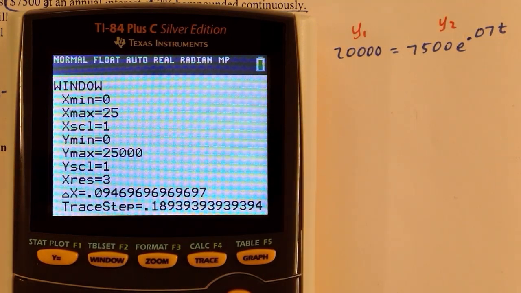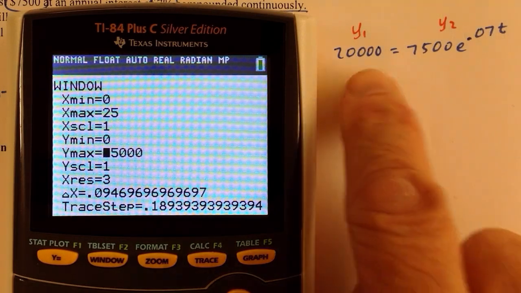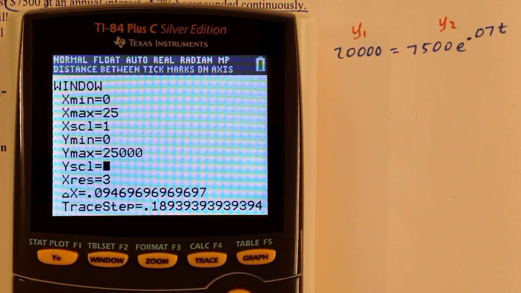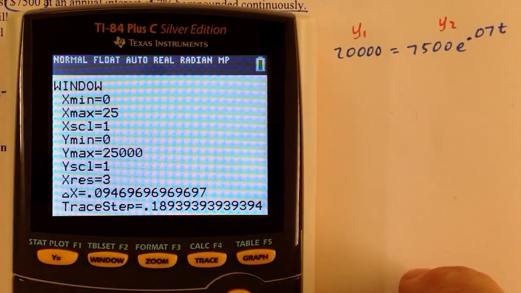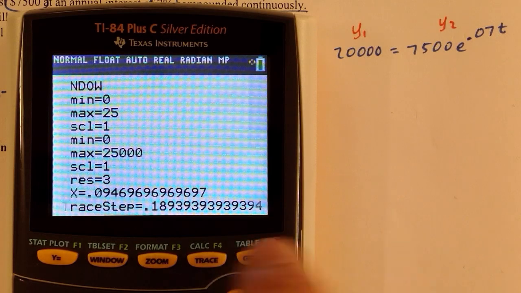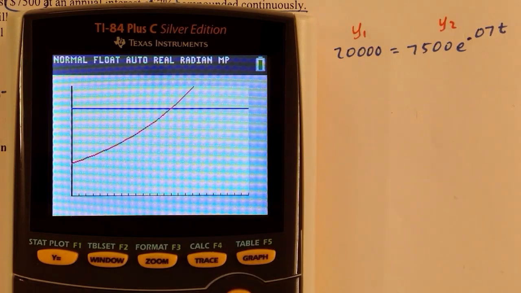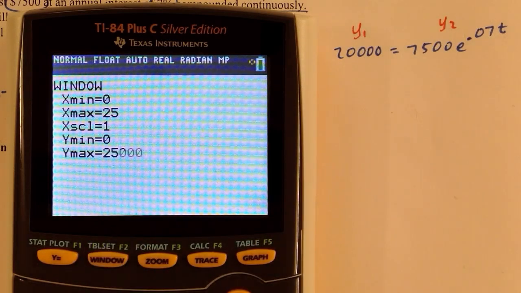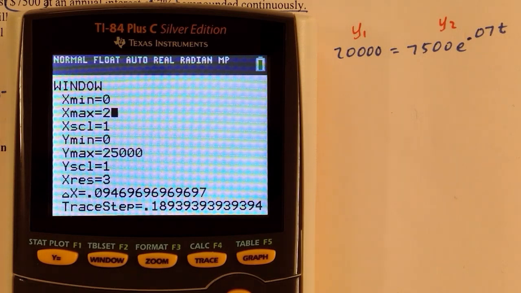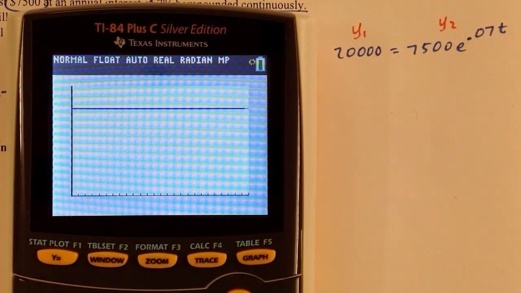Now Y is going to definitely be a positive number, so we'll let Y min equal 0, and then a Y max equal 25,000, so that we can see the 20,000, and then adjust your X res to 3, and then go ahead and hit graph. And when you hit graph, let me adjust my window here to 26, just so you can see it graphed.